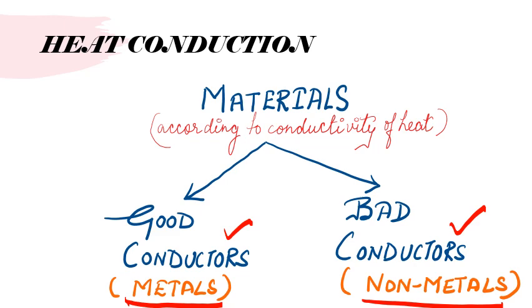This is the reason why the bottoms of the cooking vessels are often made of copper, which is a metal, whereas the handles of the metal cooking vessels are made of insulators like wood, bamboo, bakelite. Why? Because these materials heat slowly and so are easy to hold even when the vessel is very hot.